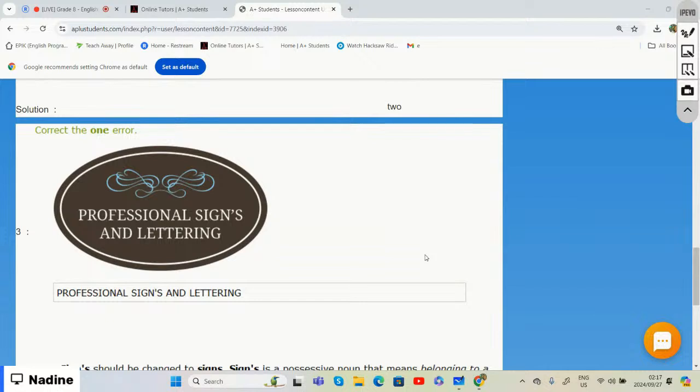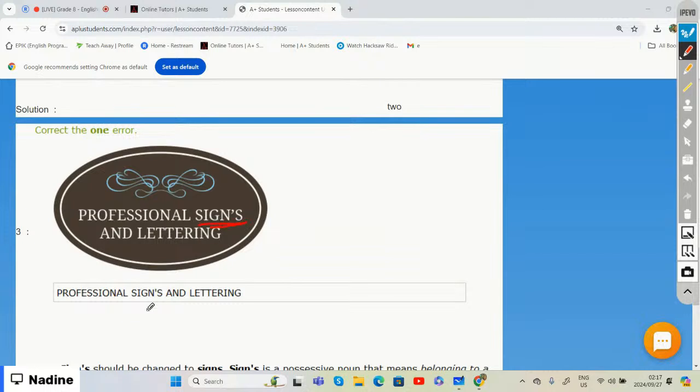All right. And if we look at that sign, professional signs, here it says that is our word, signs. Because now they're advertising that if you come to their place, they will, for example, do different signs and lettering. Which means it needs to be plural, signs. Once we have an apostrophe over there, the apostrophe shows possession.